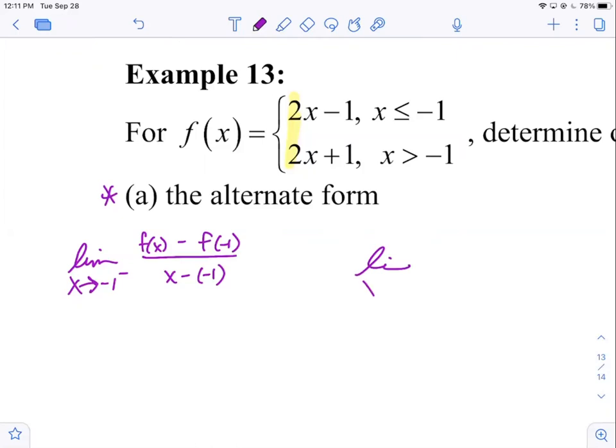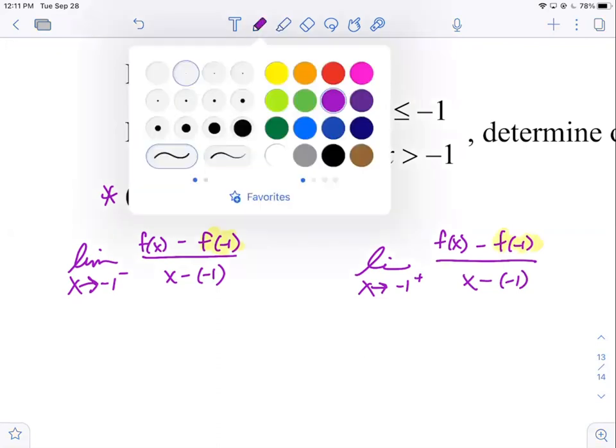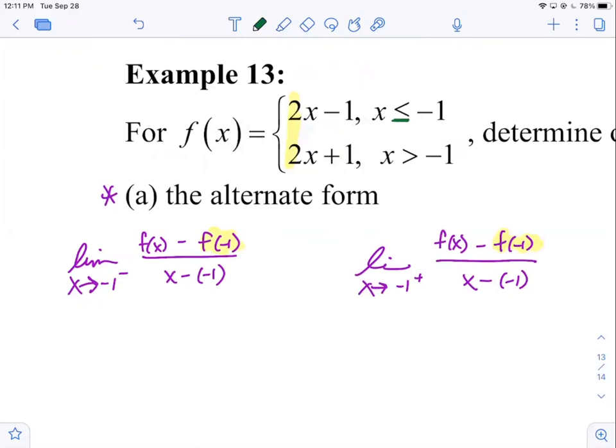And I'll go ahead and set it up on the right-hand side. The limit as x goes to -1 from the right, f of x minus f of -1 all over x minus -1. Now remember, the thing that is the same in both of these is the function value. And for that, we're going to be using the top piece each time, because that's where the equal sign is.